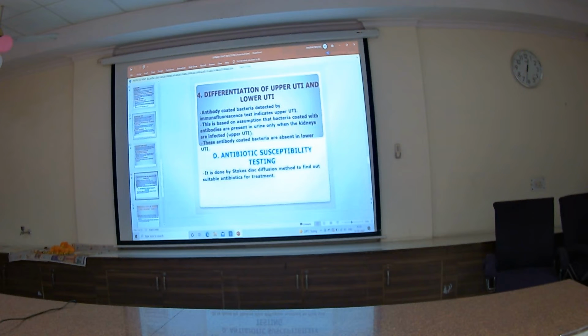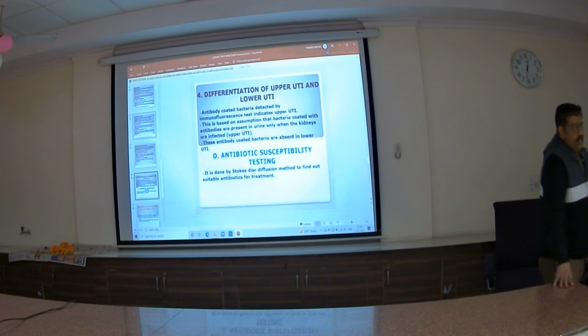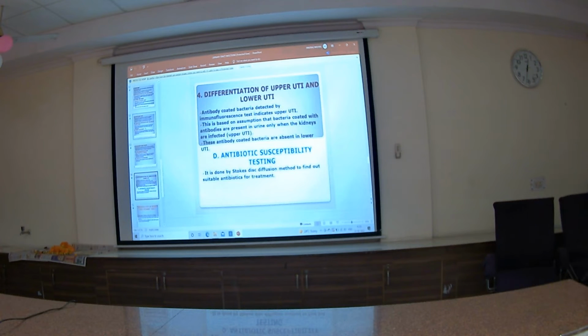Now next is the important aspect, that we should differentiate upper UTI and lower UTI. So what is the criteria? Antibody coated bacteria detected by immunofluorescence test is indicative of upper UTI.